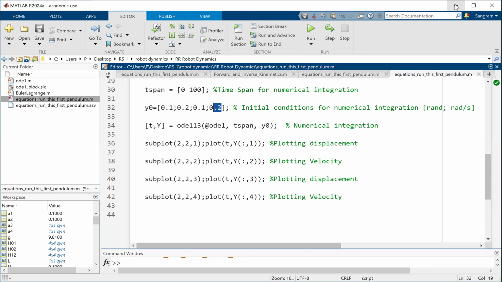Okay. So the second problem that I would like to solve is similar to the first problem, and we have actually worked out this problem. So now what we have is we have a revolute joint.